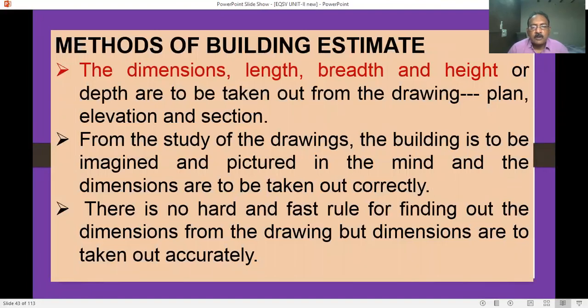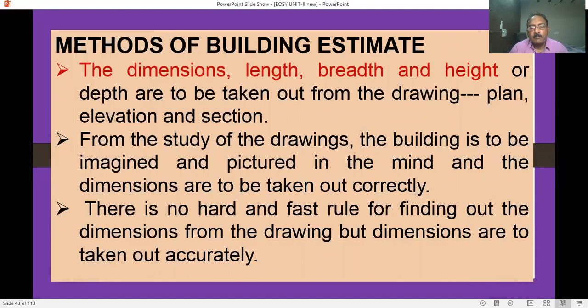Whenever you are estimating, whatever may be the type of your estimation, the imagination of plan and section is important to get accurate values. You should imagine that picture in the mind.